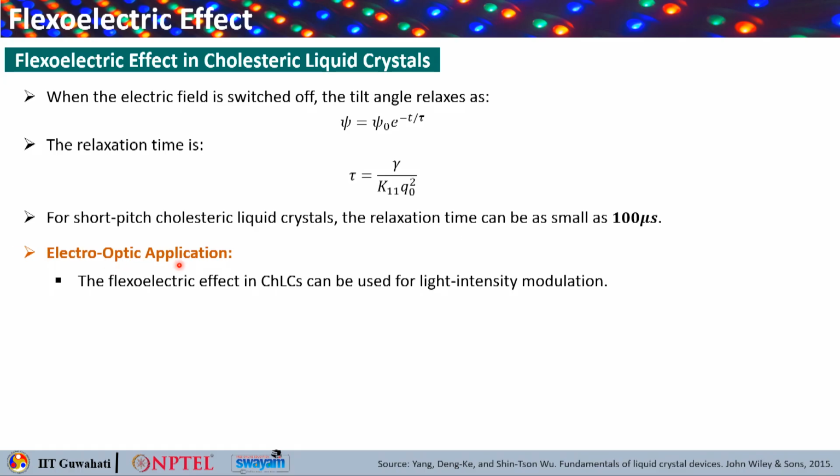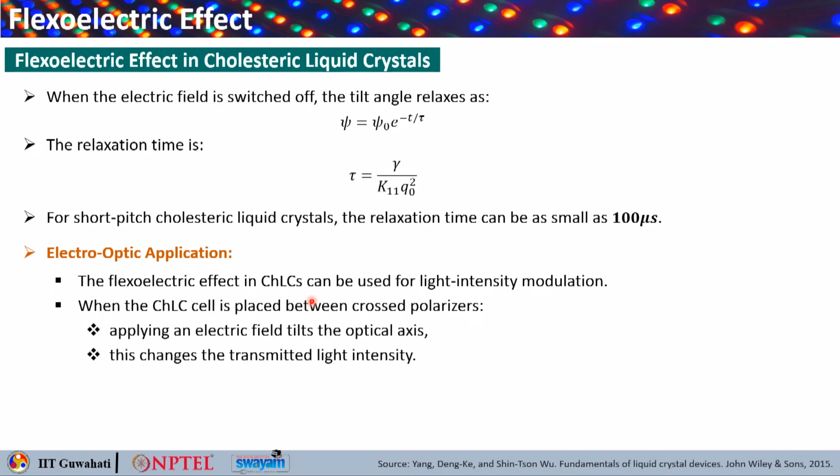So do we have any kind of electro-optic application from this? The answer is yes. The flexoelectric effect in these cholesteric liquid crystals can be used for light intensity modulation, and that is why we are studying it here, because we want to modulate light intensity in our displays.